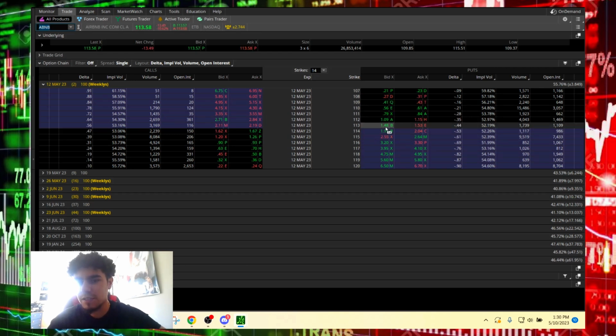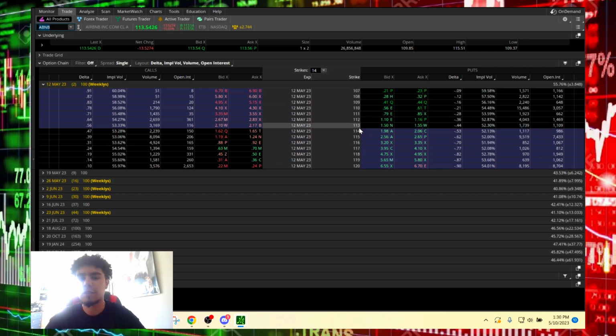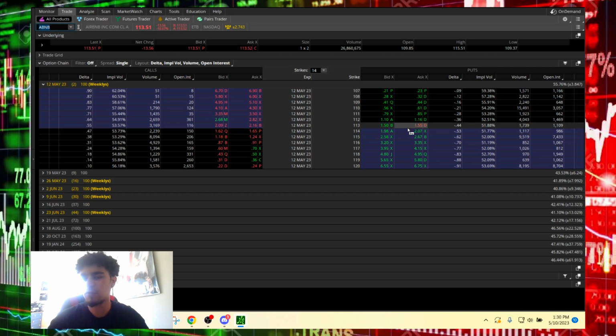But if the spread is tight enough and there's enough volume, then you can play these at the money or right out of the money strikes. You don't want to go too far out, especially if the at the monies or just out of the monies are sufficient in volume and with a tight enough spread.